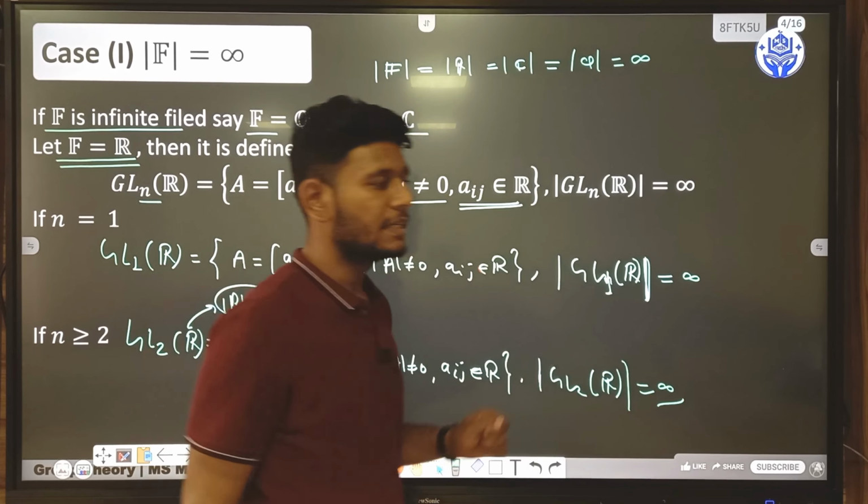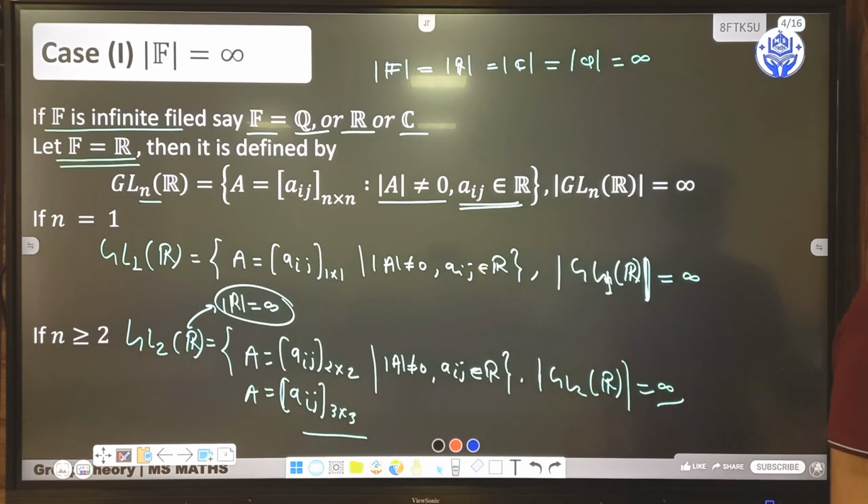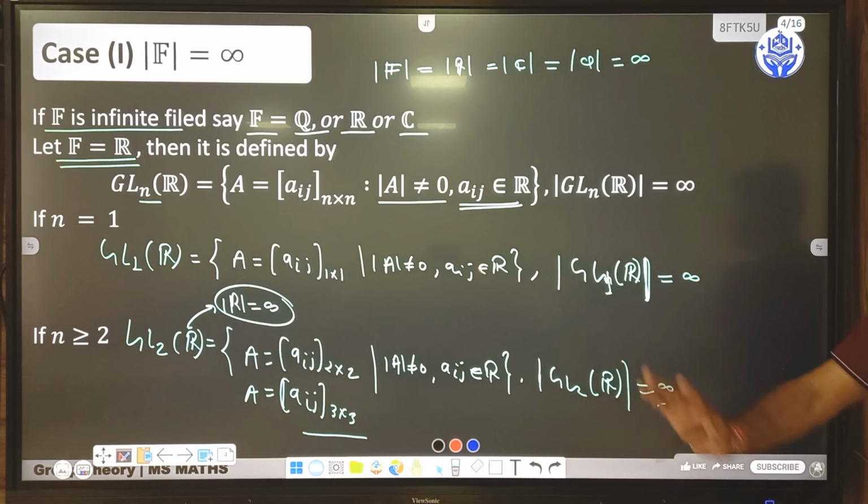This is the definition and formation with the infinite field that we can see here.